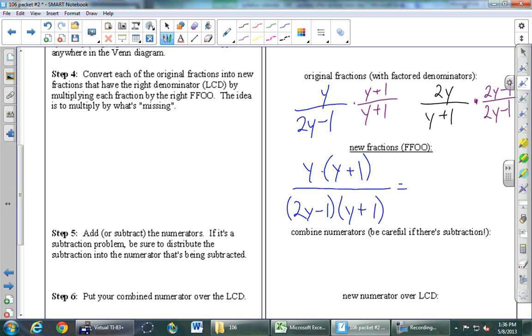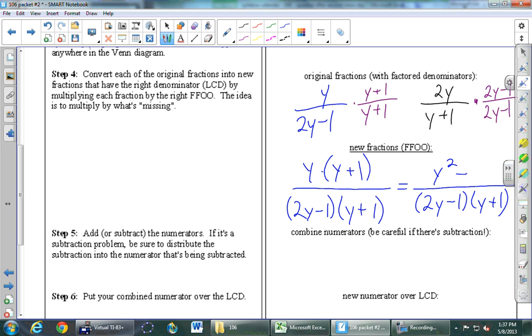Let's go one step further on this one. I said you don't need to multiply on the bottom. In fact, I encourage you never to multiply on the bottom. But we are obligated to multiply on top. Top and bottom behave very differently. It shouldn't be clear why we're going to multiply on top until the next step. So just trust me on it for right now, but let's multiply. So distribute that y. What do we get?